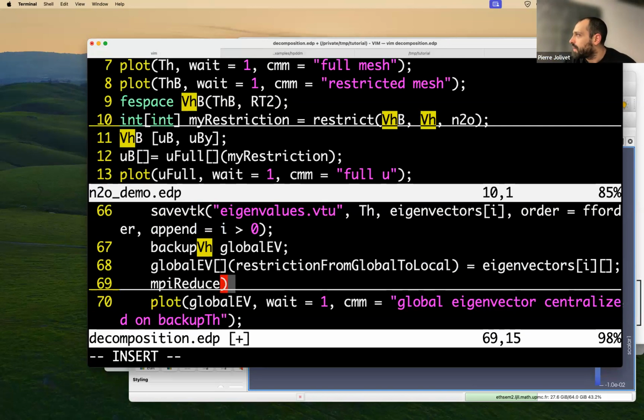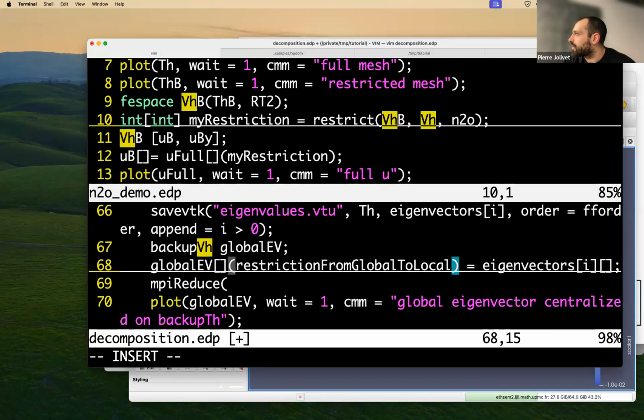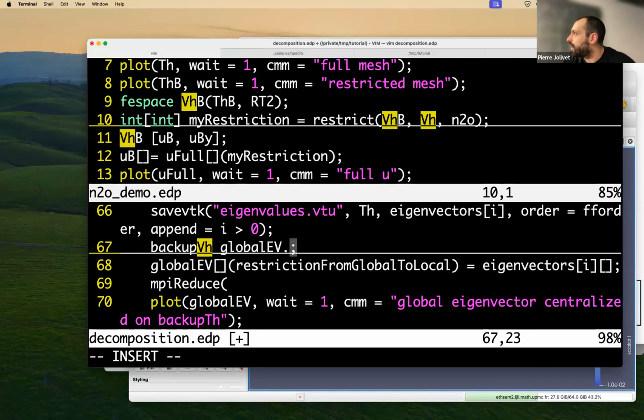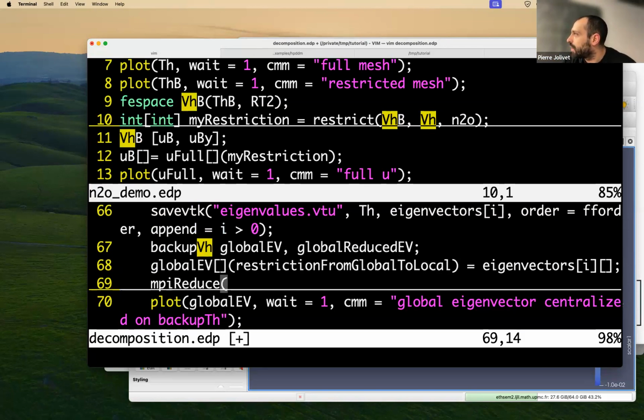Reduce, so global EV, and then global reduced EV. And so we reduce global EV. All the MPI operations are done at the algebraic level. So it's global EV, bracket, global reduced EV, bracket.